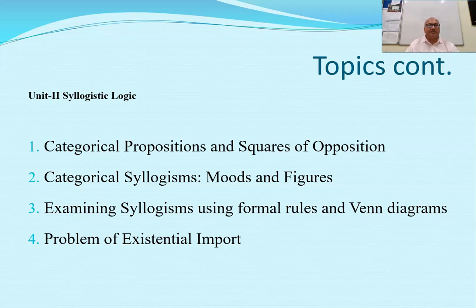The arguments of such kind, where we employ categorical propositions, are called categorical syllogism. So we will learn how to identify a particular kind of syllogism and how it can be tested to be valid or invalid.